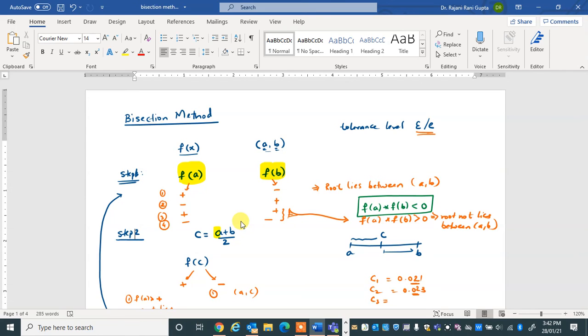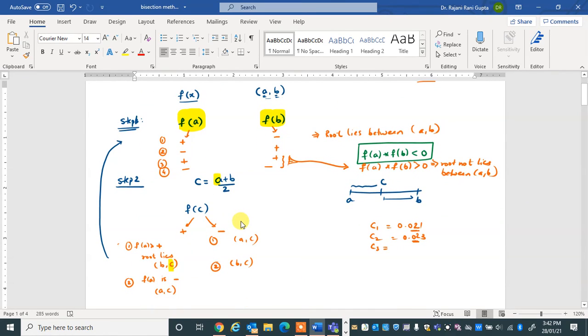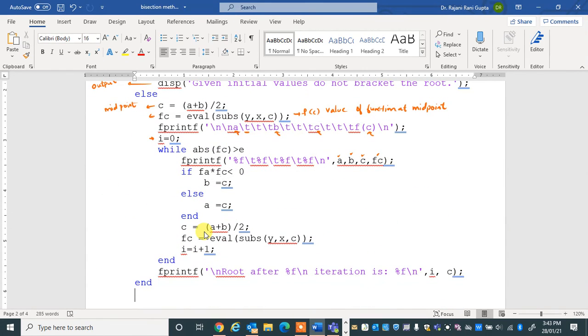Then if f of a multiplied by f of c is less than 0, we have reached the position where we check whether the root lies between a and c or b and c. In a program we do it like this. If fa times fc is less than 0, then change b to c. Means if fa and fc product is less than 0, their signs are opposite. So what does it mean?